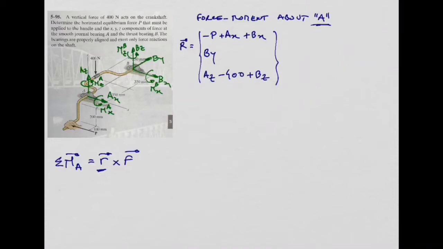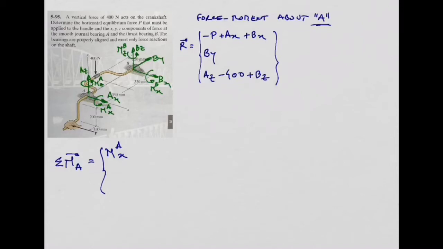Yes. So that moment we need to include, because that is already a moment. So I'm going to include that moment directly. That moment MAX has a component in the x direction only, right? You agree with me?